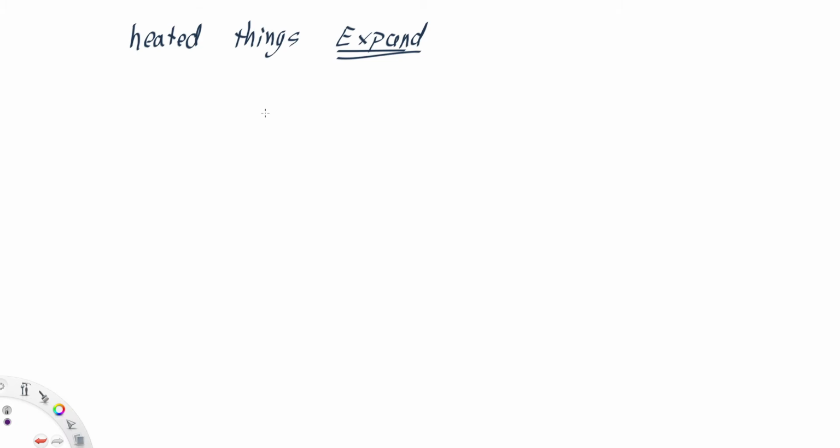All right. So, yes, things can explode if they're heated up and there's no place for the expansion to go. The ideal gas law talks about how gases will expand when they are heated. So we still need a law that deals with things other than gases.